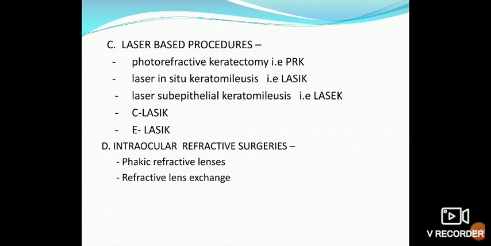Another is refractive lens exchange, in which the normal lens is extracted. So cataract surgery is done and a new lens is put. That is refractive lens exchange. Another topic will be there on refractive surgery. So just remember the names. Commonly performed procedures nowadays are C-LASIK, E-LASIK.